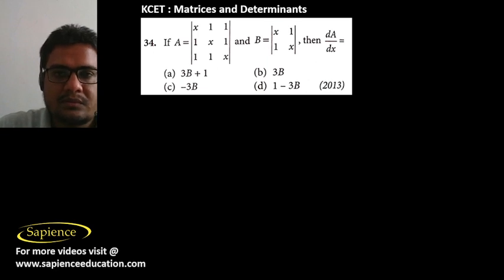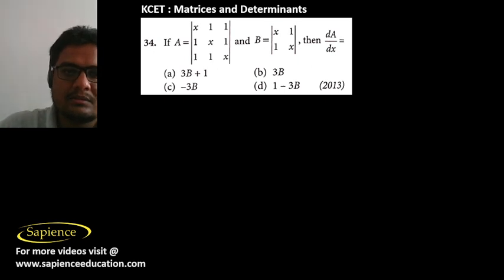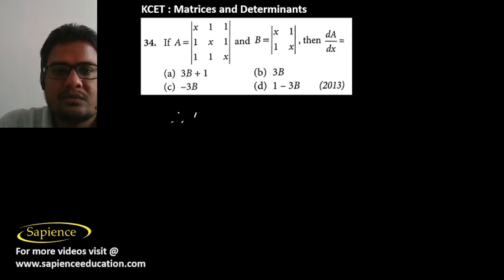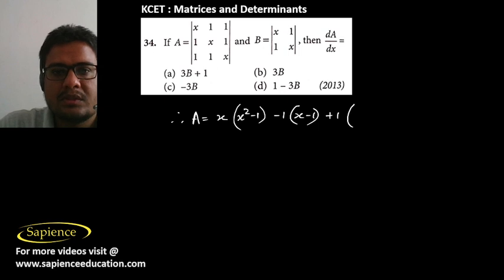Then in question number 34, it is told if A is this and B is this, A is the determinant of this, B is the determinant of x 1, 1 x, then dA by dx is how much? Now the determinant A is equal to x into x square minus 1, into x minus 1, and plus 1 into 1 minus x.